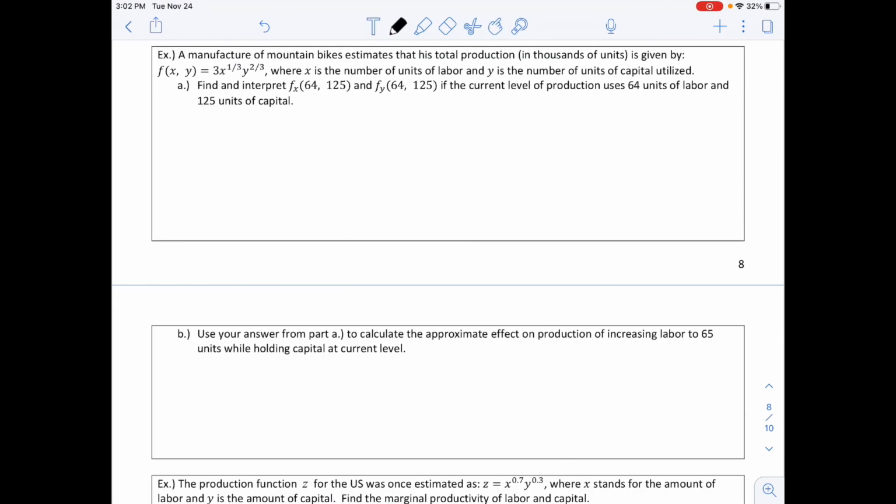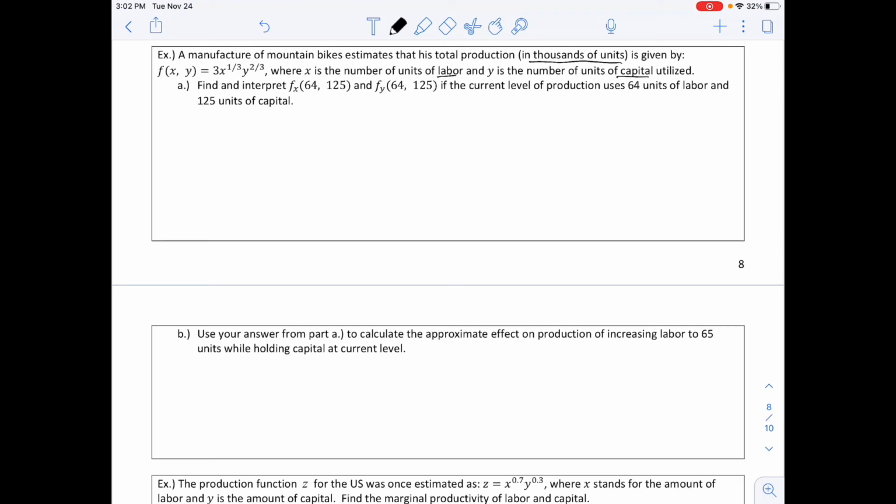The example right below says a manufacturer of mountain bikes estimates that his total production in thousands of units, which we'll underline so we know our units, is given by f of x, y equals 3 x to the 1/3, y to the 2/3, where x is the number of units of labor and y is the number of units of capital utilized.